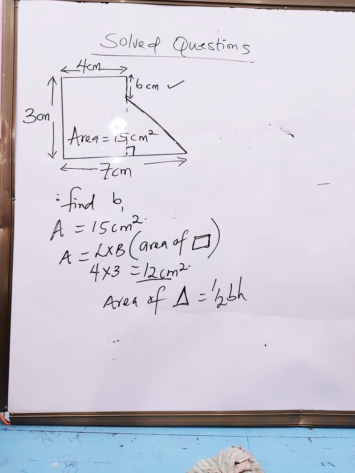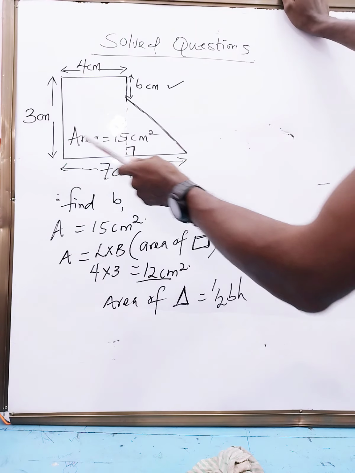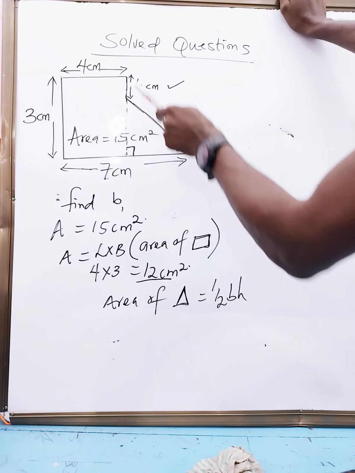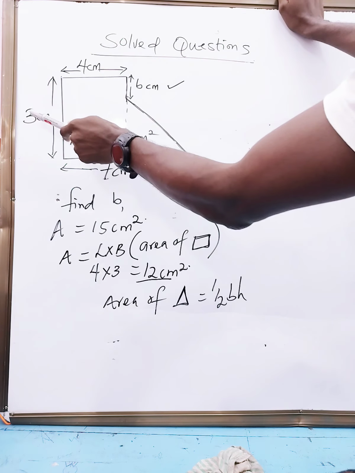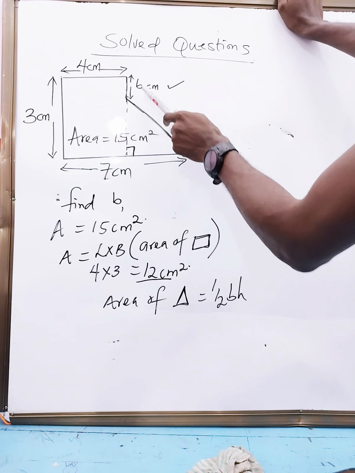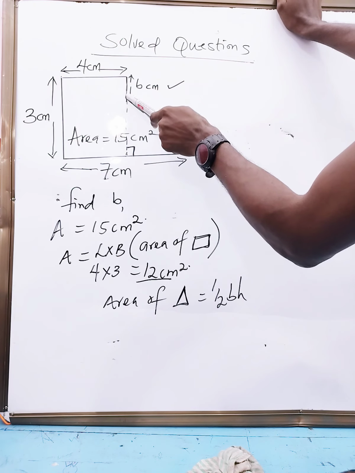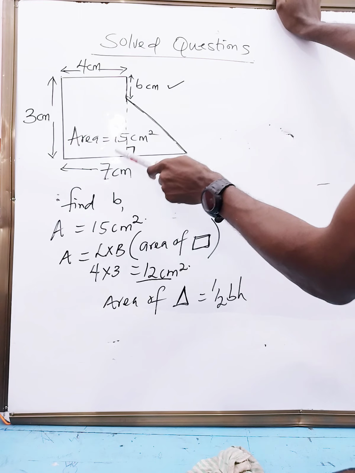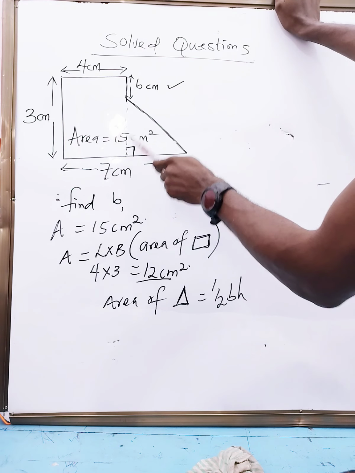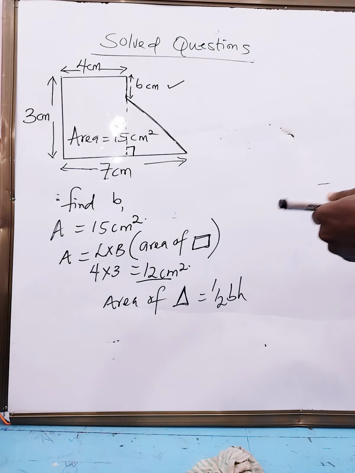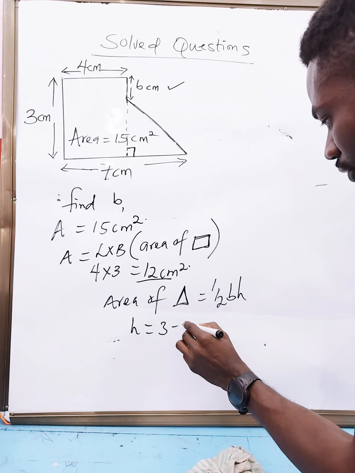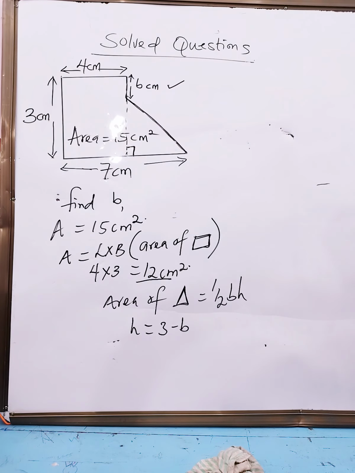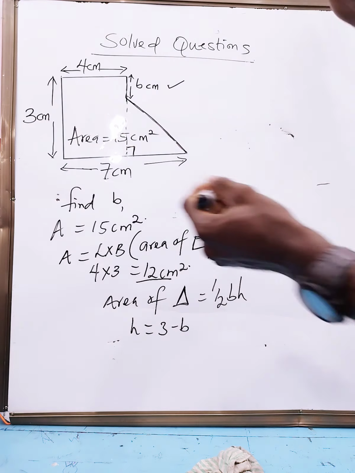Now, how do we solve for the base and the height? Like I said earlier, this length here equals this length. So from here to here would be the same as 3 minus this place, because all here is 3. If you minus this place, you have this. So the height now is 3 minus B. I don't know if it's clear.